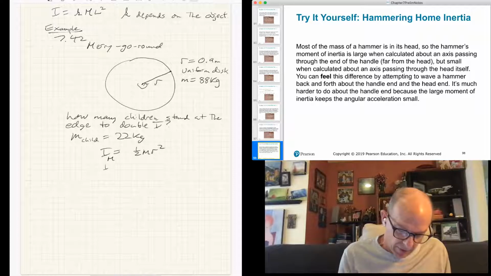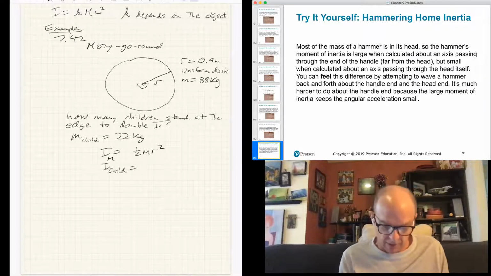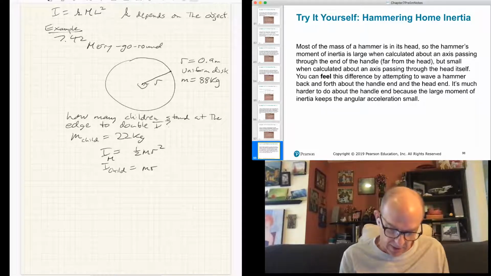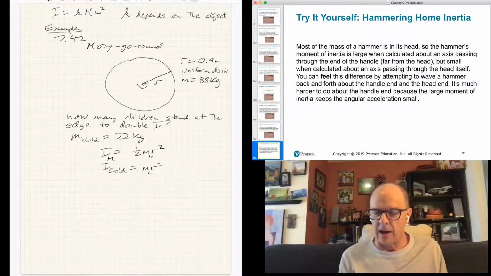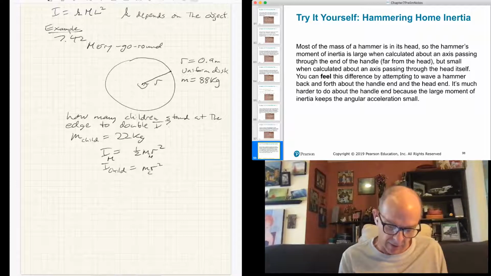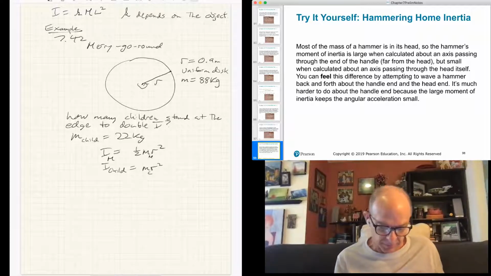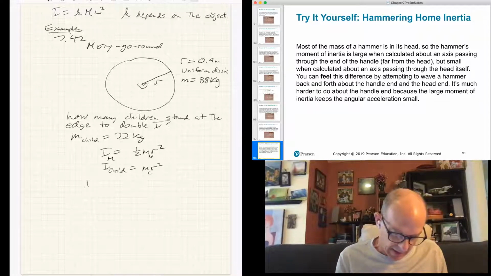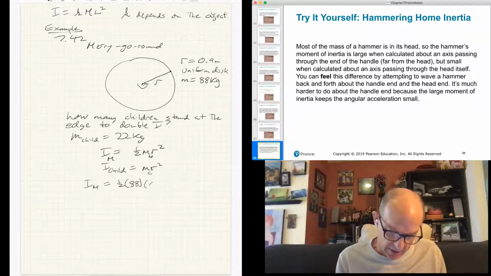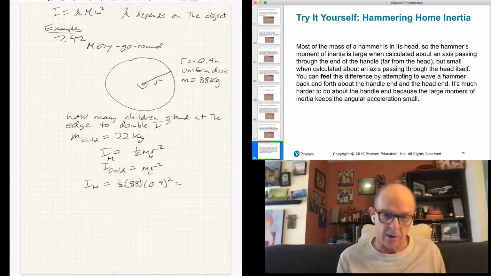The moment of inertia of each child is just the mass of the child times its distance from the central axis, so mr squared. I put a little subscript m for merry-go-round under the mass of the merry-go-round up there, and m sub c for mass of the child. So the moment of inertia of the merry-go-round to begin with is 1/2 times 88 times 0.9 squared.